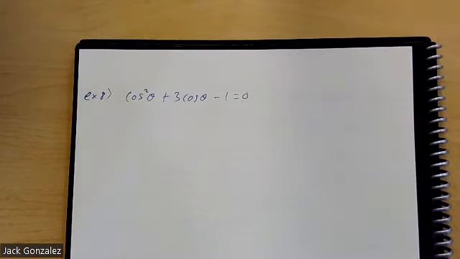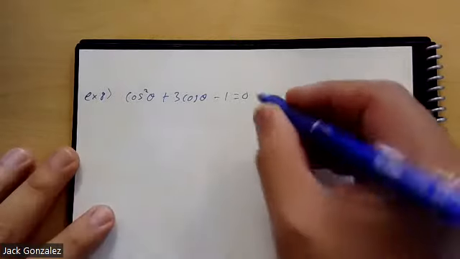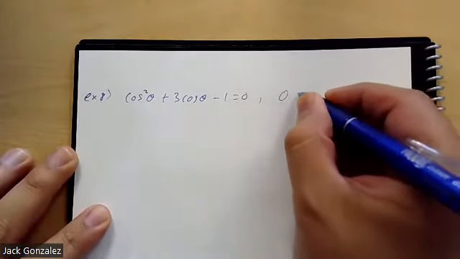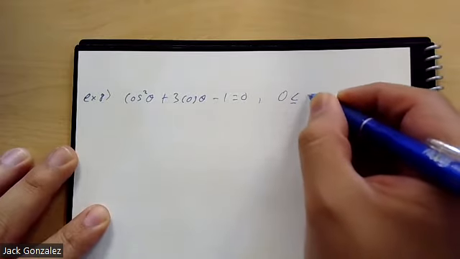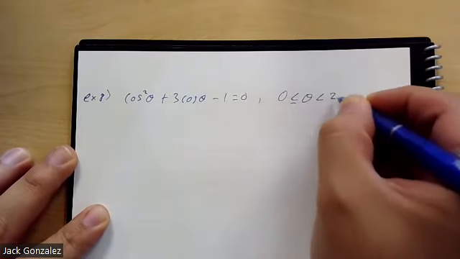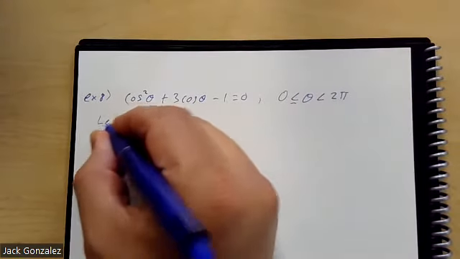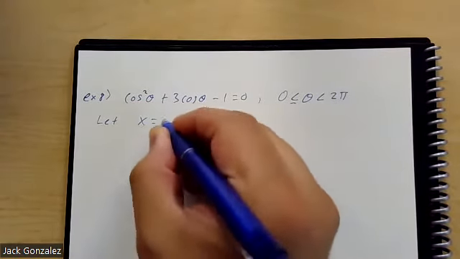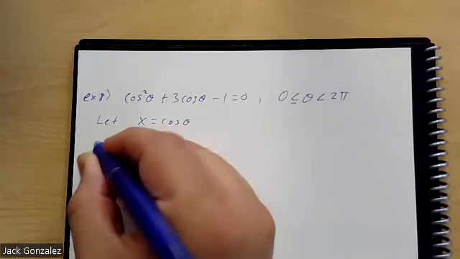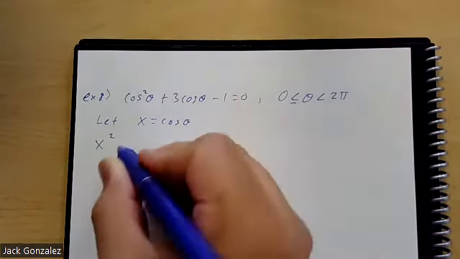All right, so here notice it's a quadratic type, right? So obviously we're going to have to factor. What you can do is say, you know what, let x equal cosine, so you can see easier.